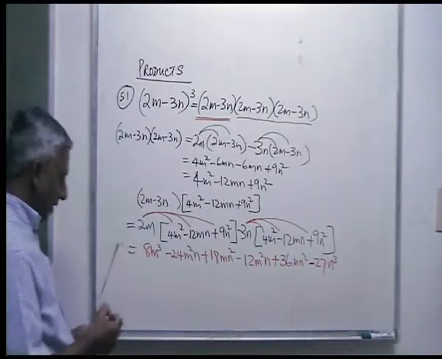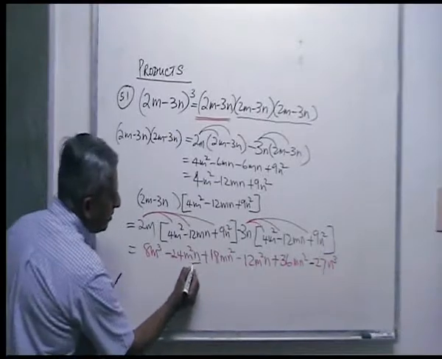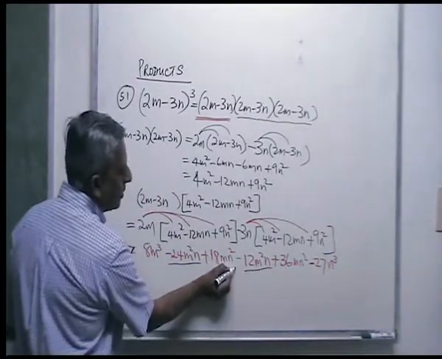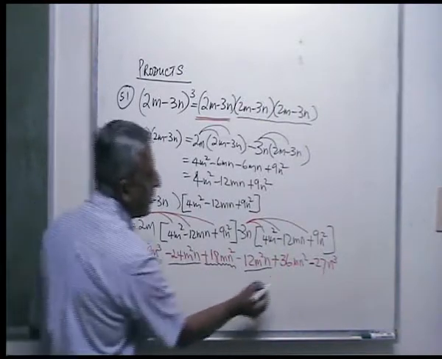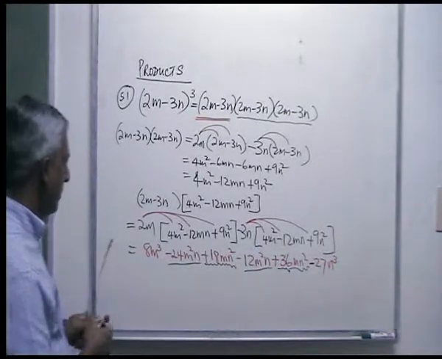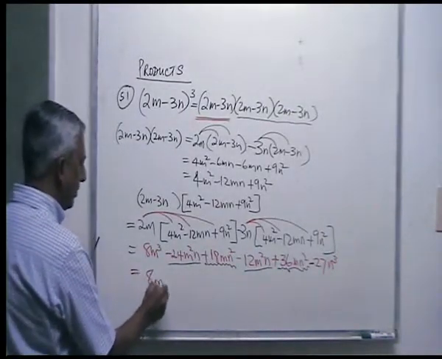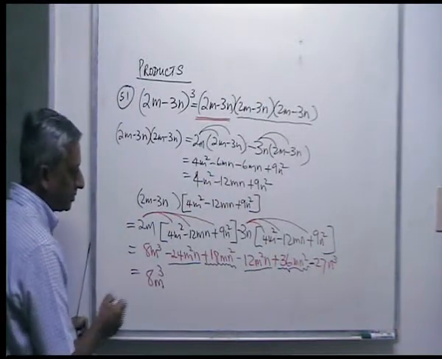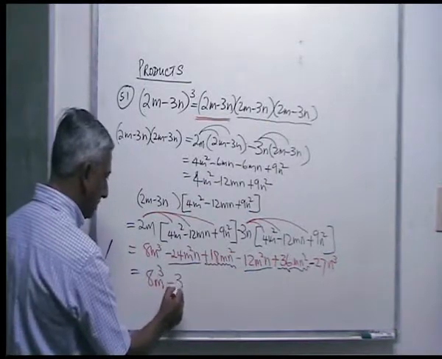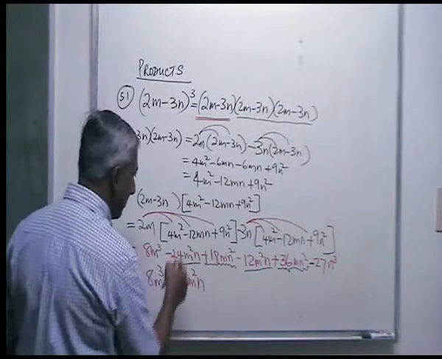Alright, so we're looking for terms that are common. You got m squared n, you got m squared n. You got mn squared and you got mn squared. So when we group the like terms and add them up, you end up with 8m cubed, minus 24 and minus 12 gives you minus 36 m squared n, because you're adding them up.